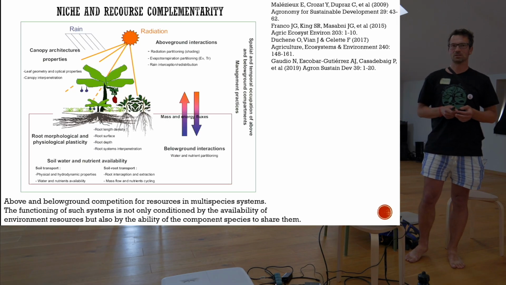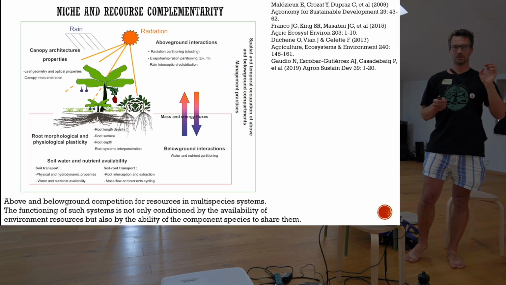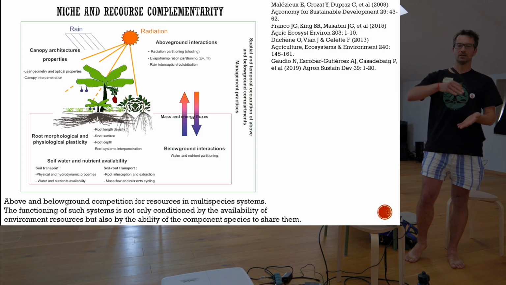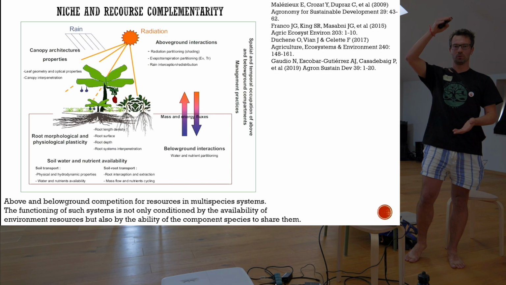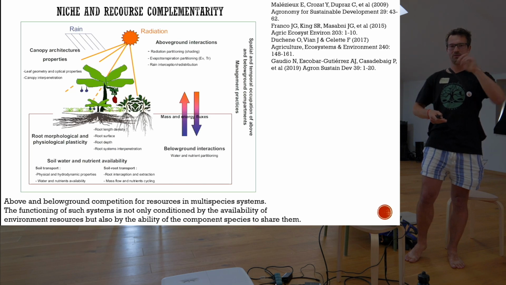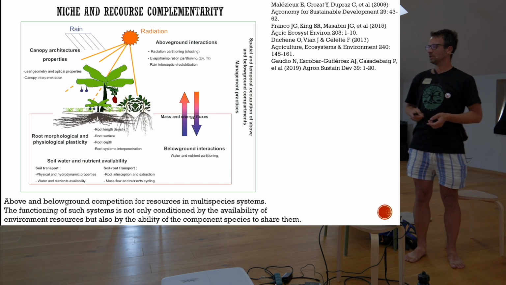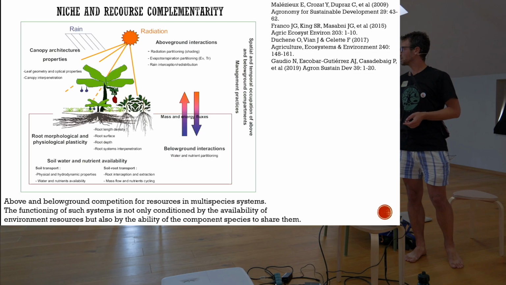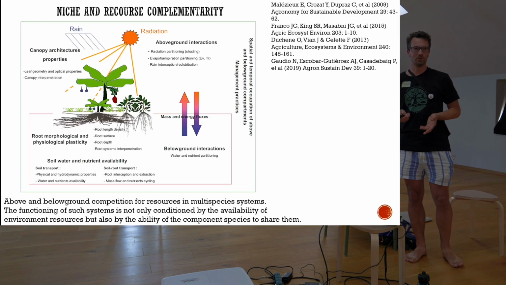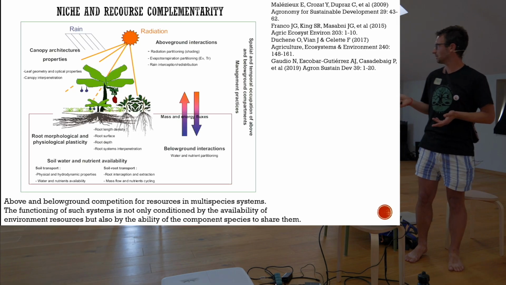Maybe just one thing to add here, that we often just look at plant morphology, like combining tall and short plants, or tall plants and wavy plants, but we also need to sometimes check the chemical complementarity. For example, plants can use different chemical forms of phosphorus, and they will not compete that much.